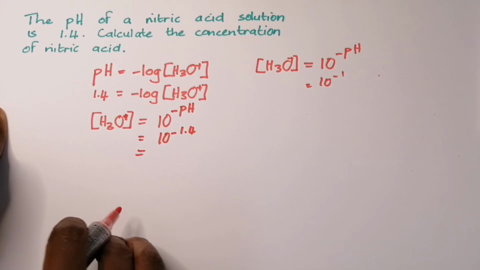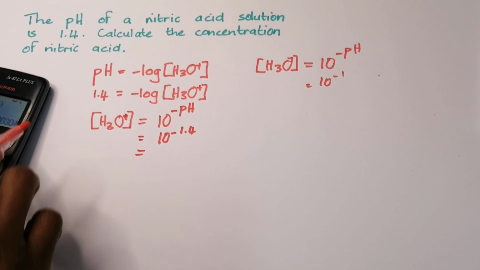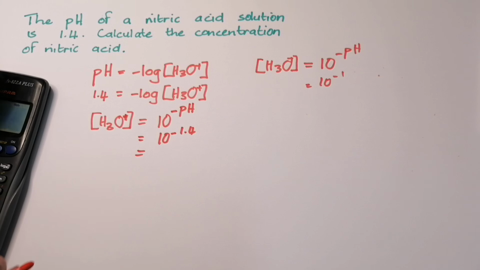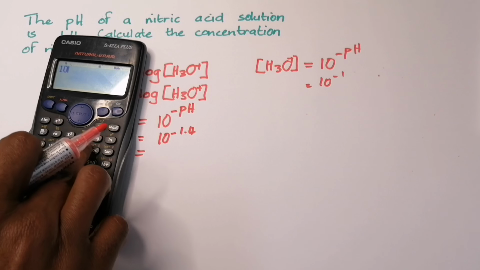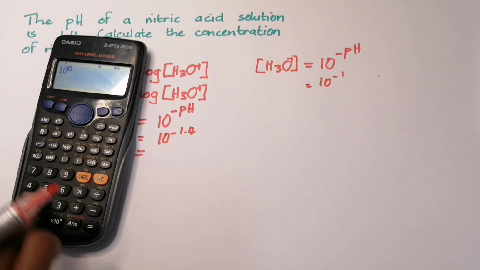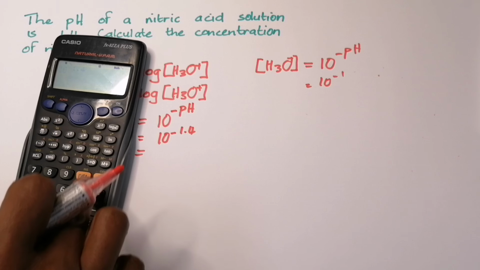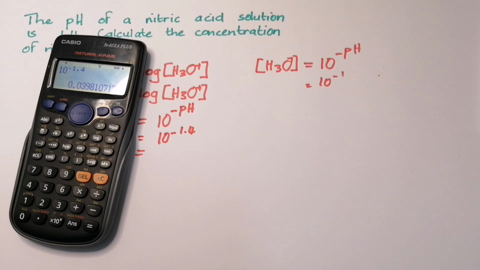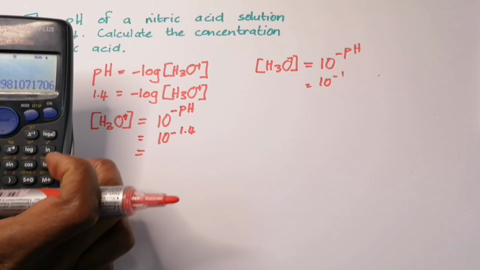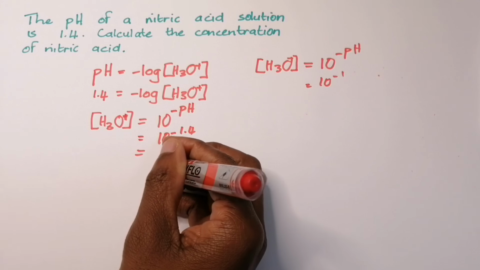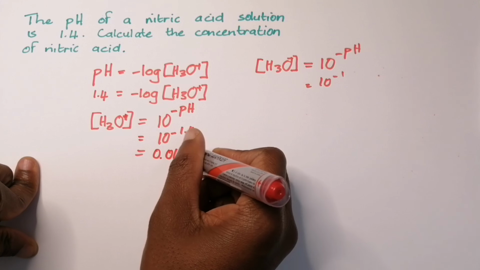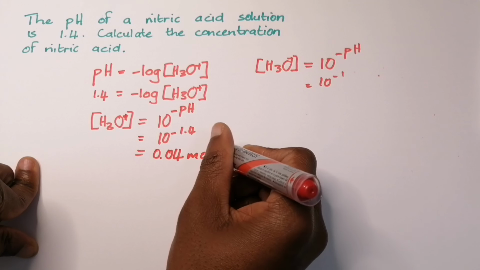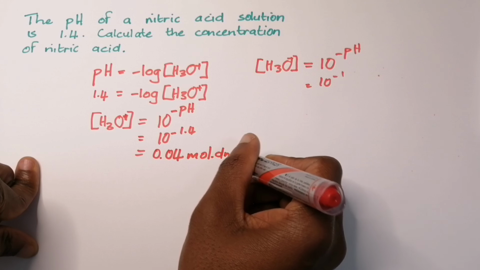I just grab my calculator and say, okay, this is 10, that's my y-axis, that's minus 1.4, and I get a value of 0.04. So it means that my concentration is 0.04 moles per cubic decimeter.